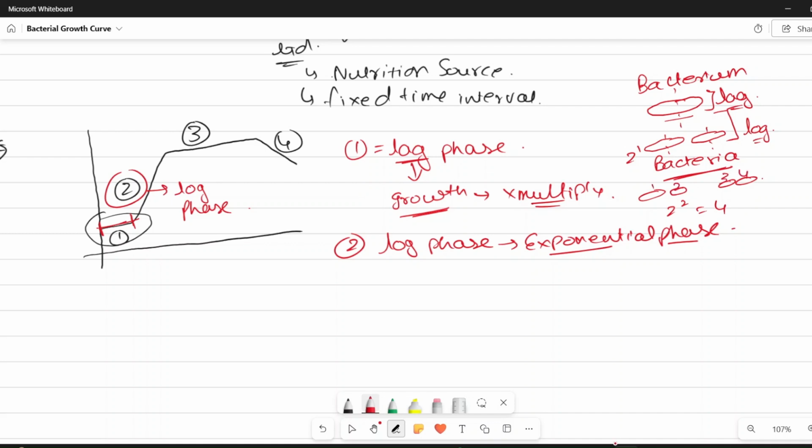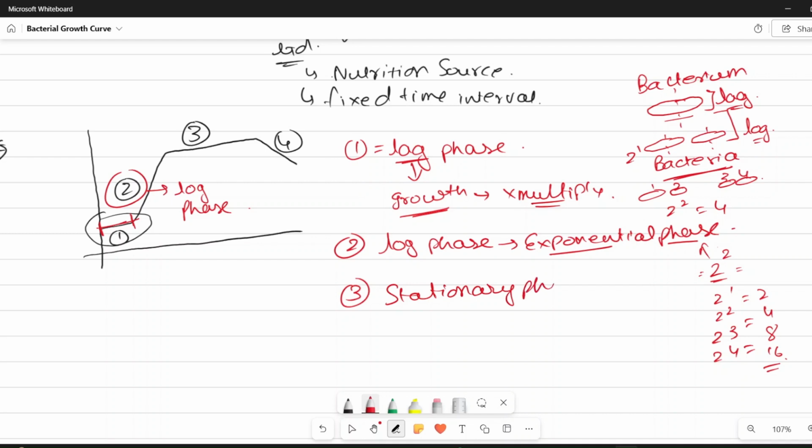So we have 4 bacterial population, and because 2 is the initial number and the exponent keeps changing, we commonly call this phase the exponential phase. The exponent can be 1, 2, 3, 4, and accordingly various numbers of populations can be determined. So 2 to the power 1 is 2, then 4, then we have 8, and then we have 16.